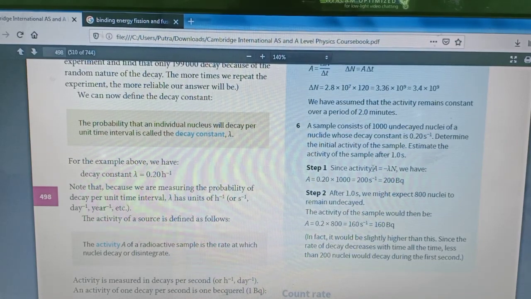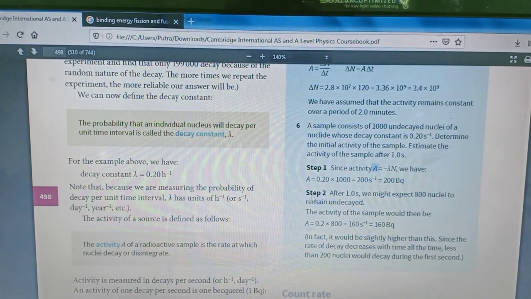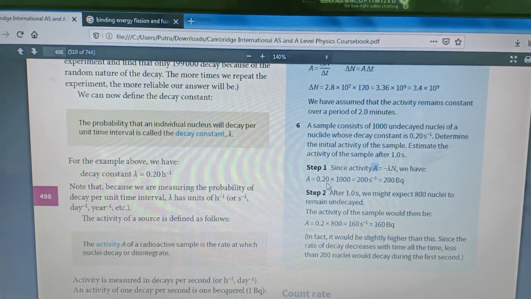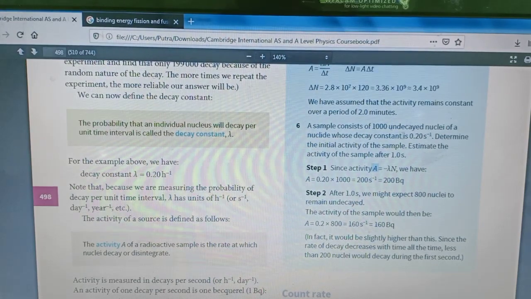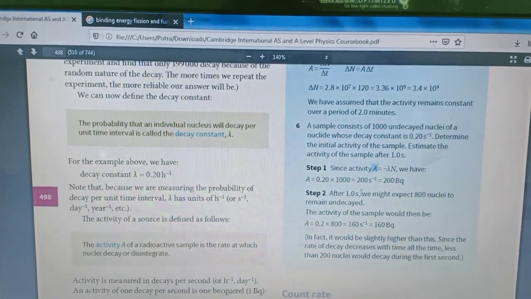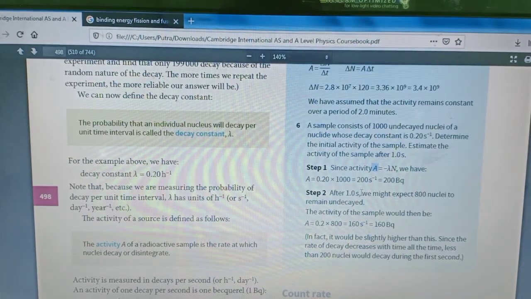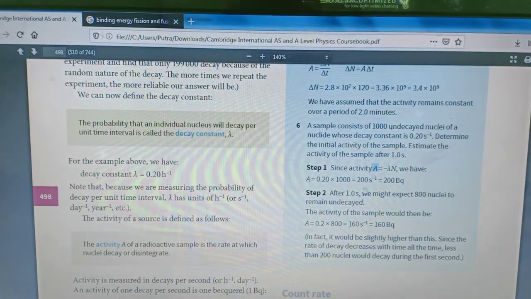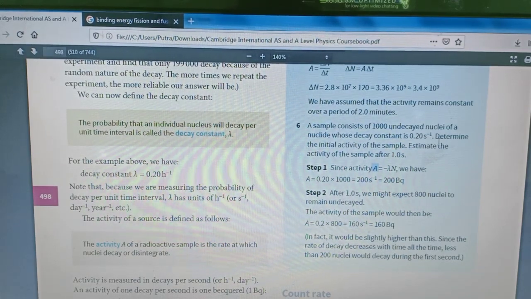For activity A equal to lambda times N, we have A in becquerels equal to 0.2 times 1000, the number of undecayed nuclei. Then we will get 200 becquerels.